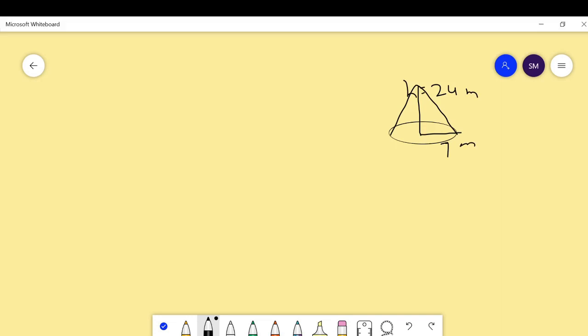Then here the width of the canvas, just recall the previous question, is 5 meter. Then here also we have to find out the amount of canvas required.